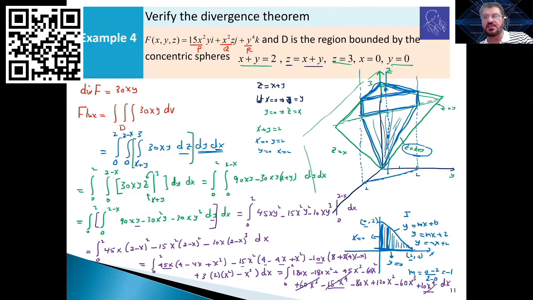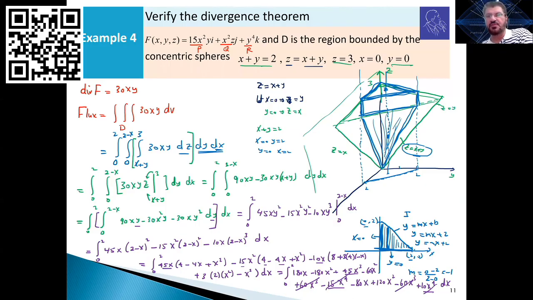Minus 60 with minus 60 goes away, but we still have 45x cubed plus 45x cubed, so this is also done. Let's go to x squared. We have minus 80x squared, 180, and this one with this one is 60, and minus 60, they all cancel. No more x squared. Let's look at x, guys. 180x minus 80x is minus 100x.